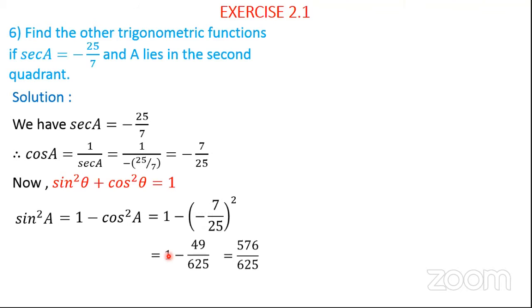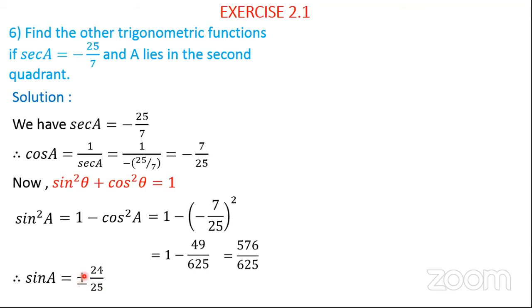Simplifying this, we get the value of sin square A as 576 upon 625. But we only want trigonometric functions, we don't want the square. So again we have to take square root on both sides, and we get plus or minus 24 by 25.